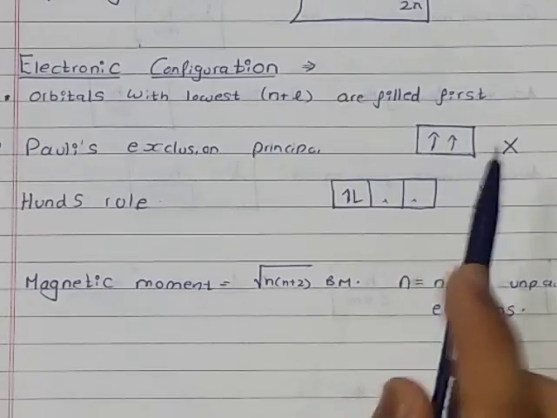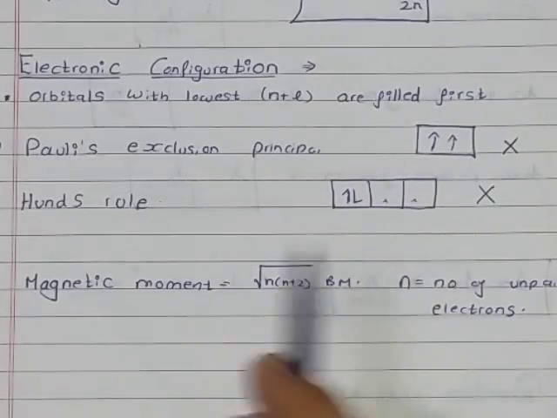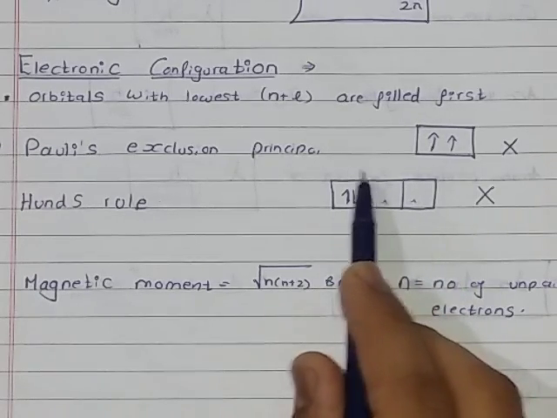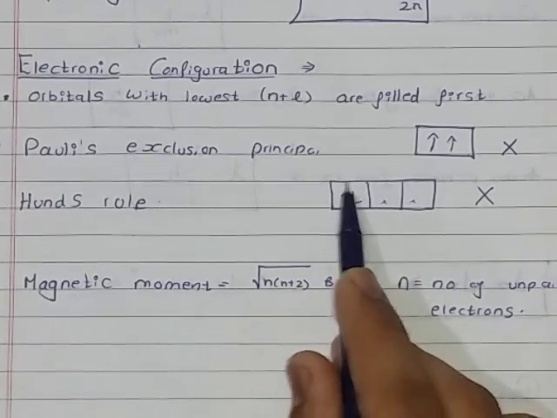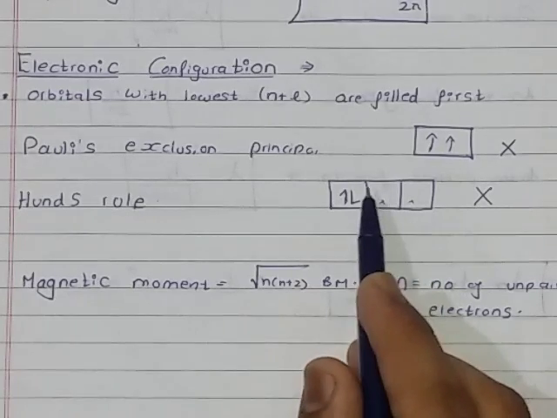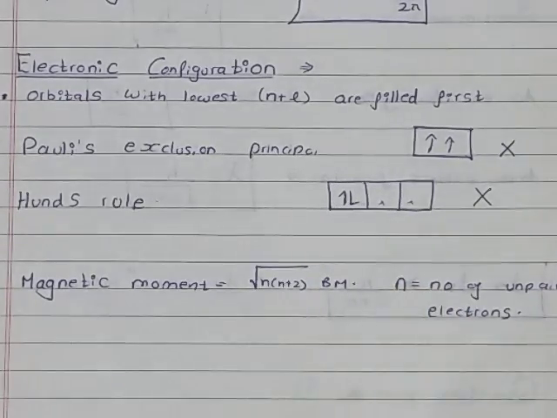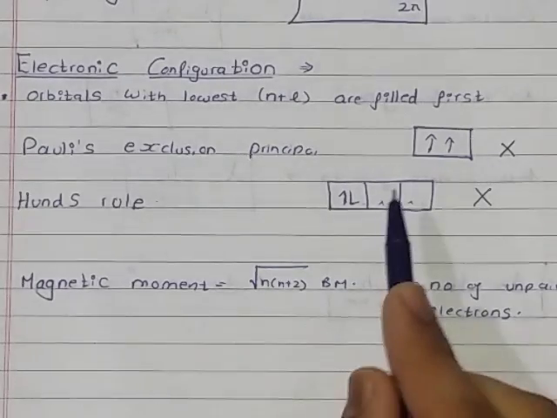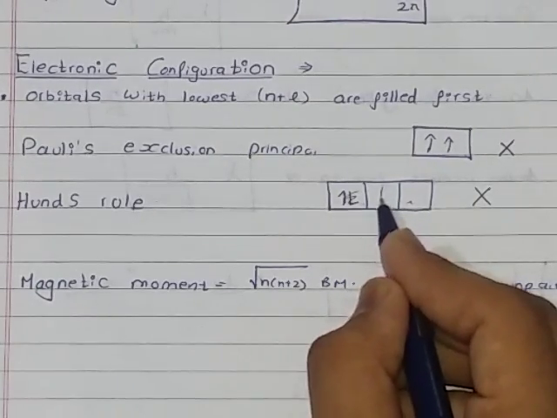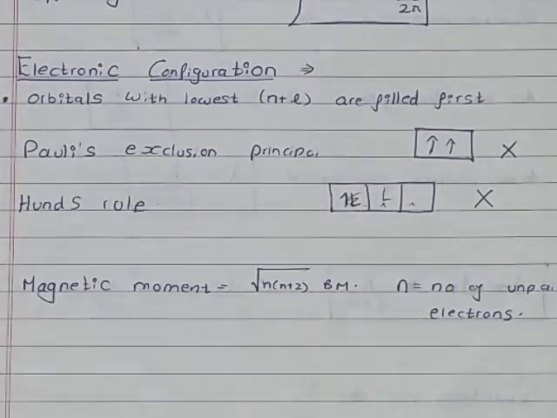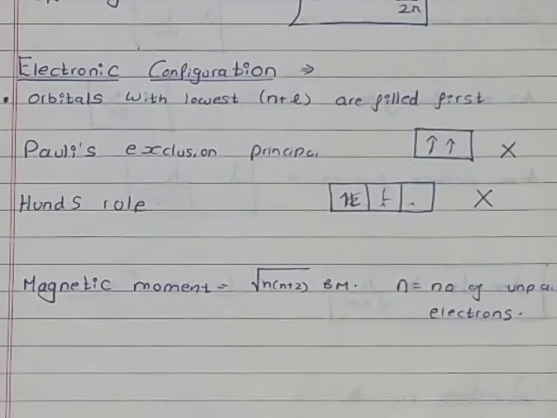In p orbital we have 1, 2, 3, 4, 5, 6, as the limit of p orbital is 6 electrons. Hund's rule states that if a window remains empty, then no electron can be fitted in another window where there is already an electron.